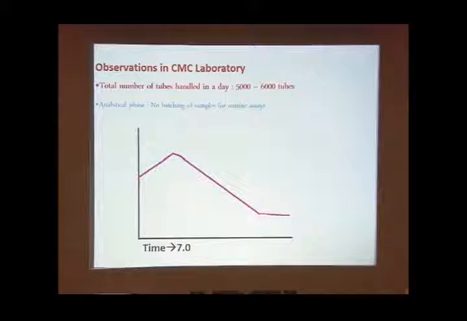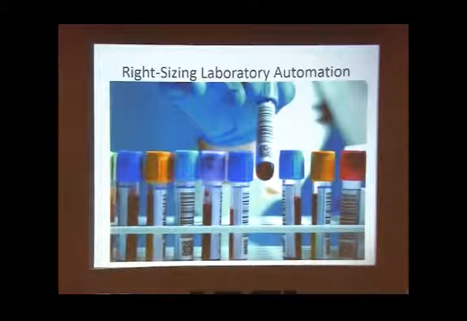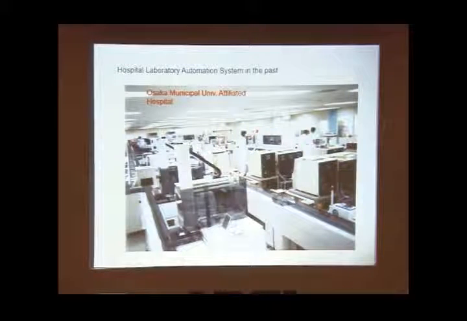So this is the first requirement for you to think of even automation. Then you must have the right sizing of the laboratory automation. When you think of pre-analytical automation, again, one size fits all doesn't work. For your own lab, you have to choose which is the right automation. So let's see what is good.